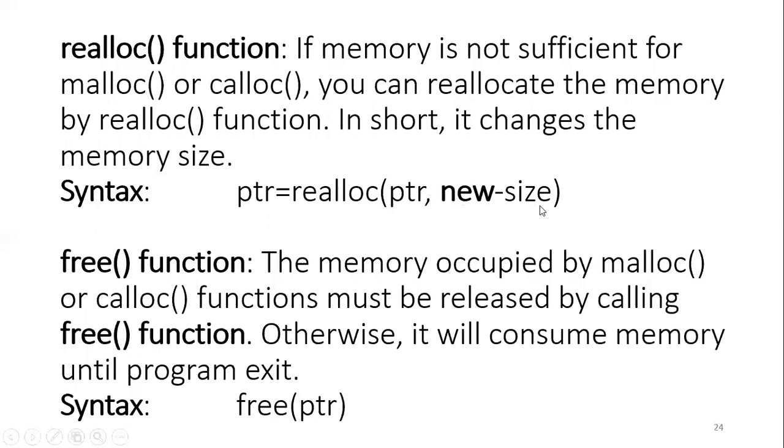If the memory size is increased, then the previous values of the memory earlier allocated by malloc or calloc are copied into the new location, if there is no free memory at the same place. If the new size is less than the originally allocated memory, the previous values are also retained by the realloc function.